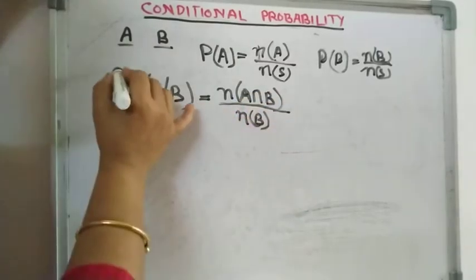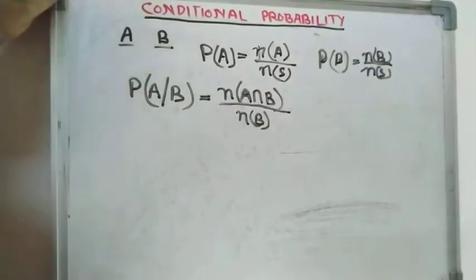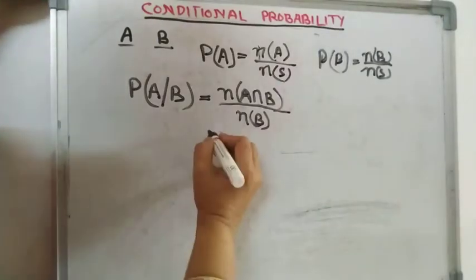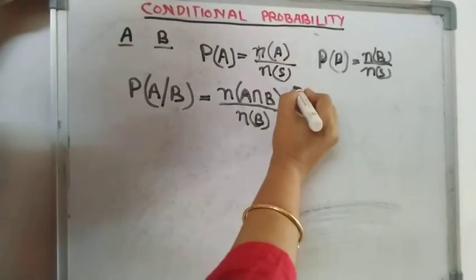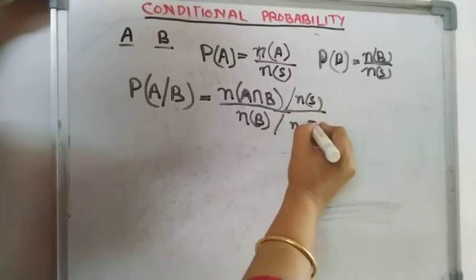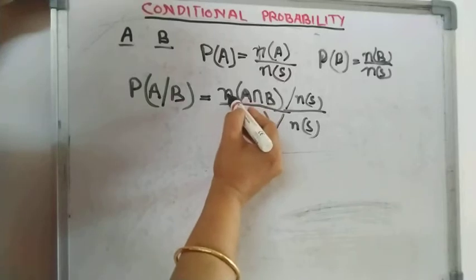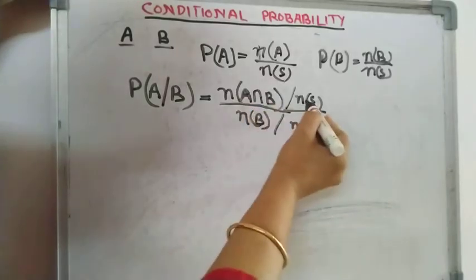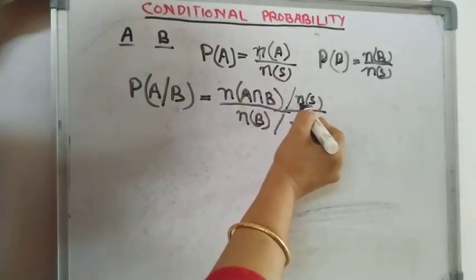So this is the formula of conditional probability, which can also be written in terms of probability. When we divide both by NS, the total number of cases, the numerator becomes the number of cases favorable to A intersection B divided by the total number of cases NS.